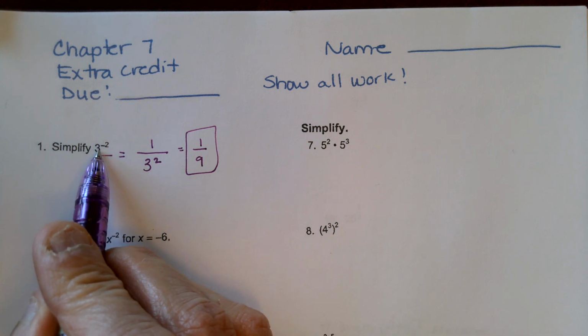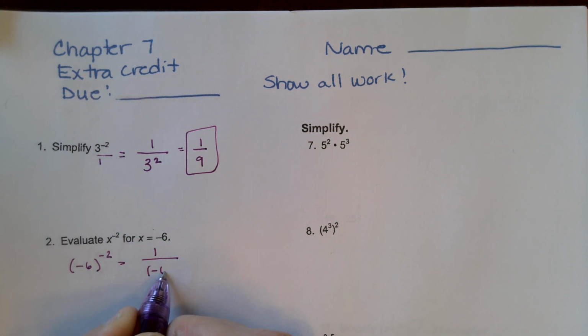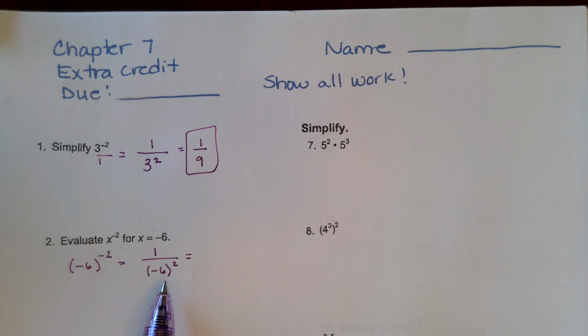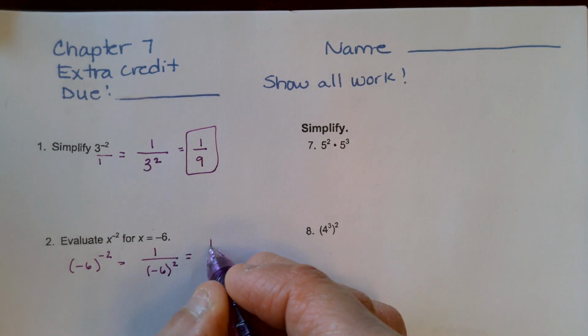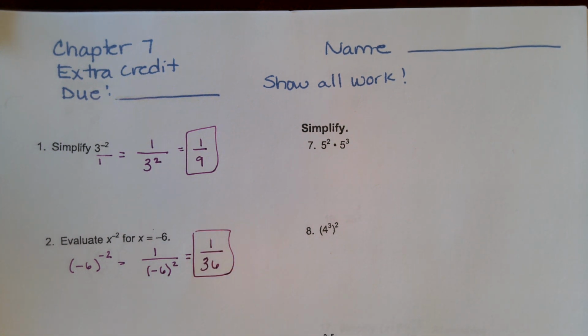Now, we have the same problem as up here. So I'm going to go ahead, put 1 over -6 stays. Remember, I don't care about that negative. It's that power that I don't want to be negative. Now I go ahead and do that, and I do -6 times -6, which is a positive 36.